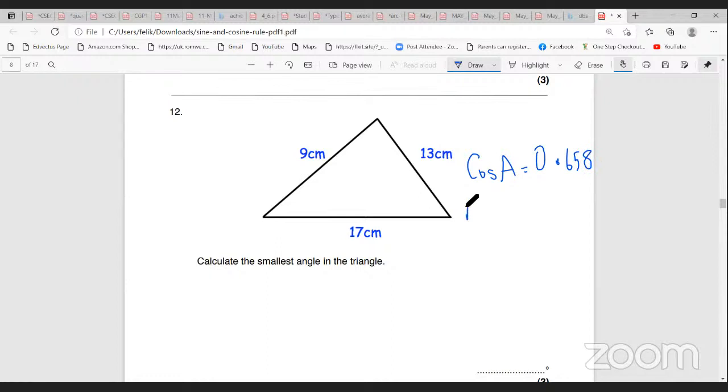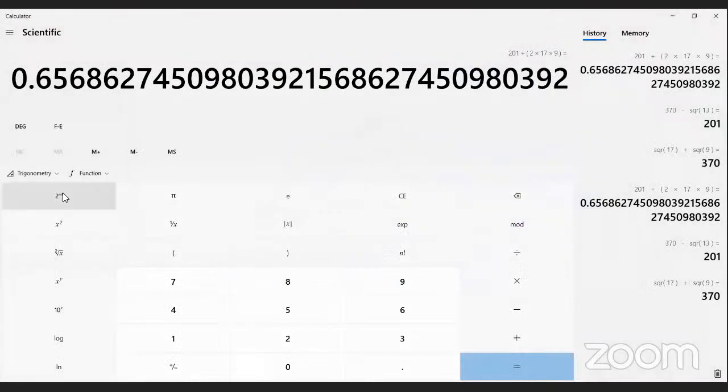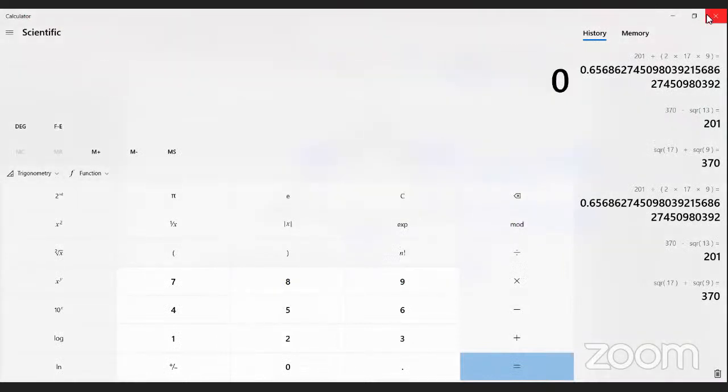So therefore, A equals cos inverse 0.658. Can we put that into the calculator? I got 48.8. 48.85, we'd round off to 48.9.